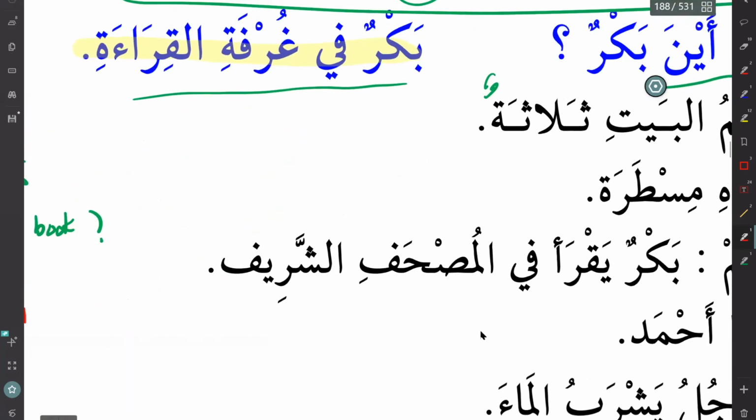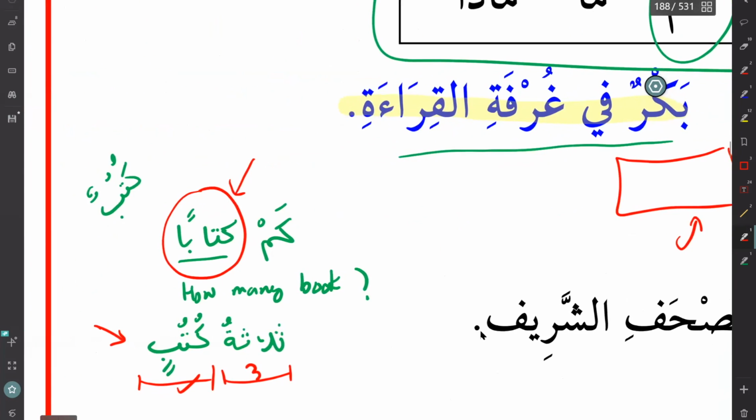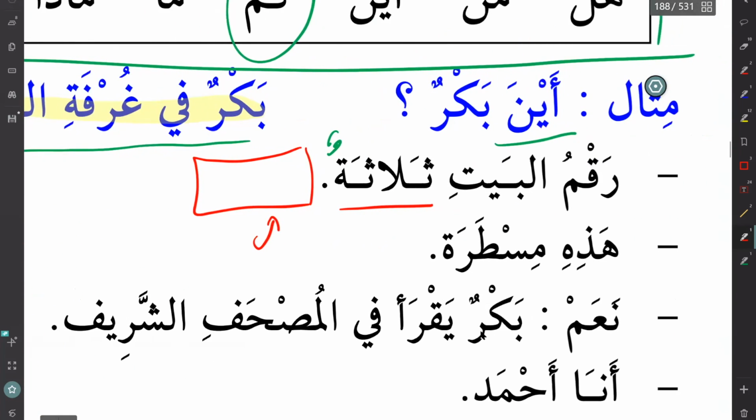But for example, here we have Raqmul Bayti Thalatha. Do we have the thing that we're asking about? Thalatha what? 3 what? The thing is not specified. So we need to know what's in here in order to apply this rule. But here it is not specified. Here you have to assume that something is there, and the assumption would be number, right? Remember, there are 2 words for number. Raqam is number, but we also have adad.